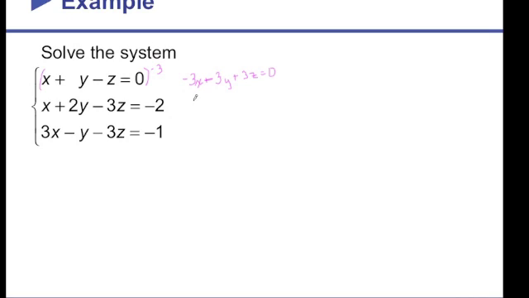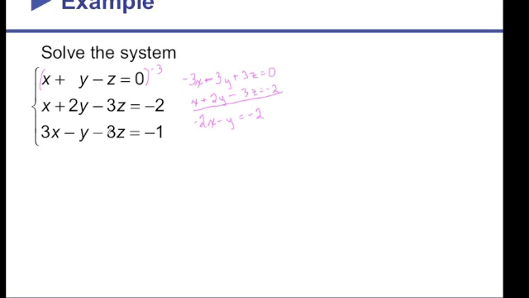Let's add that to the second equation. x plus 2y minus 3z equals negative 2. When I add those, I'll get negative 2x minus 1y, the z's will be gone, equals negative 2.